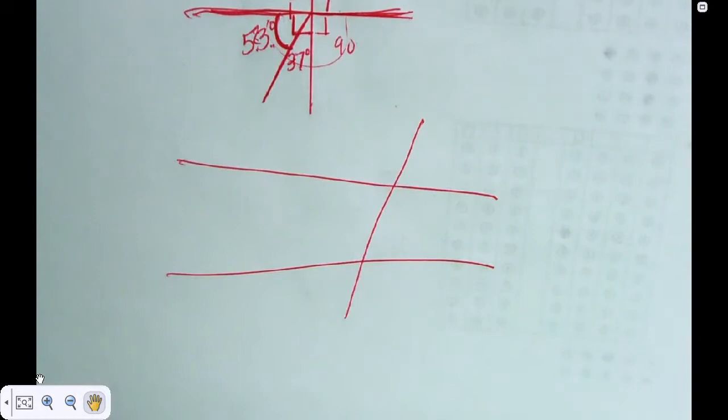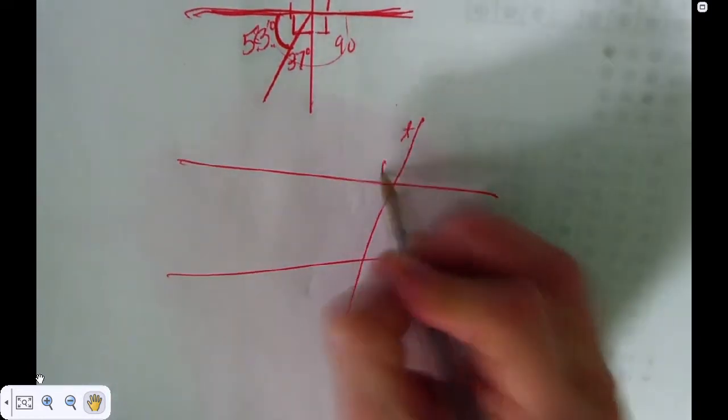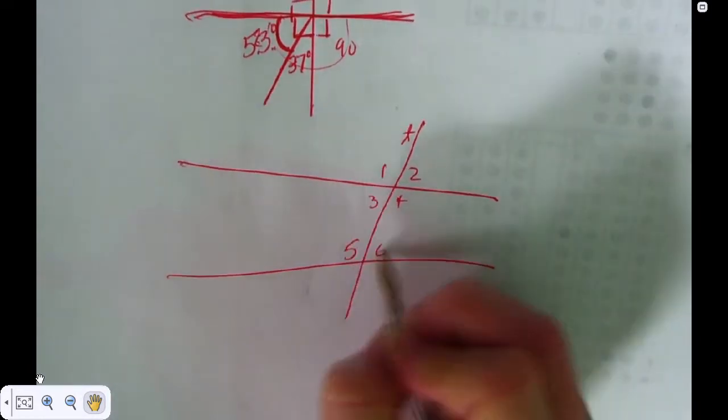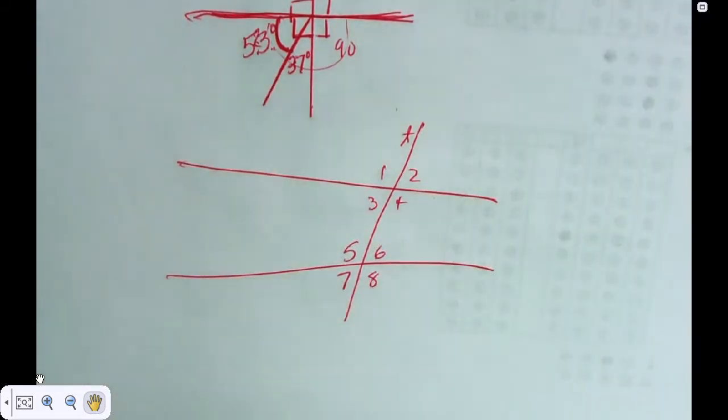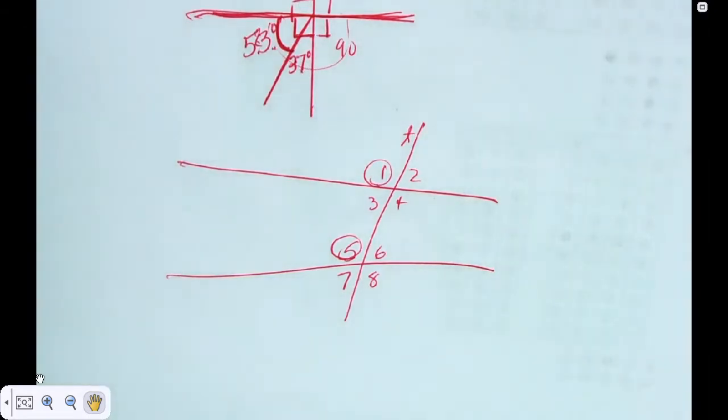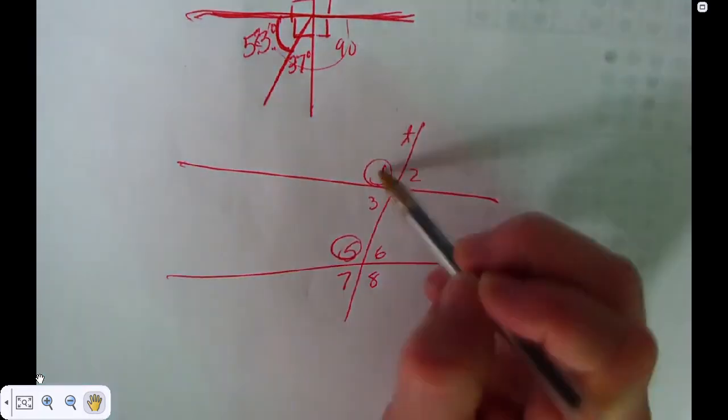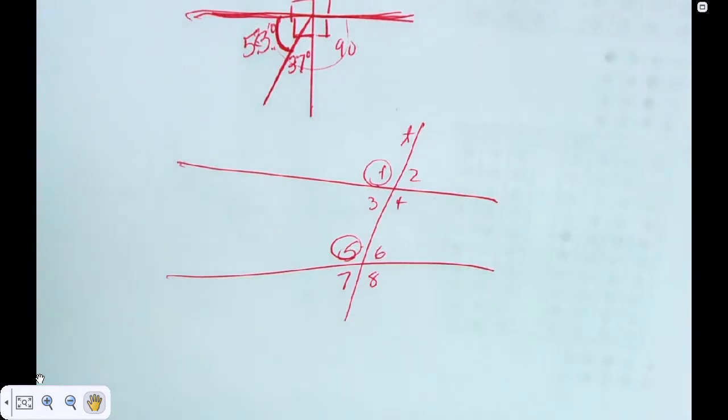If I draw a transversal, one does correspond to 5, but they're not congruent. 1 and 5 are corresponding, but they're not congruent.